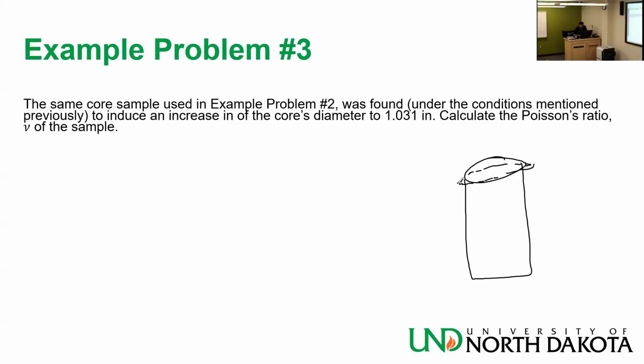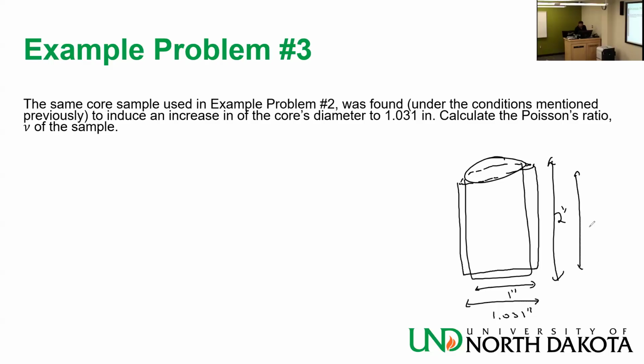I'm exaggerating a little bit here, but the diameter was 1, now it's 1.031, and the length was 2, now it's 1.75. When I do the Poisson's ratio, I don't care about stress. I care about the strain I induce indirectly divided by the strain I induce directly.